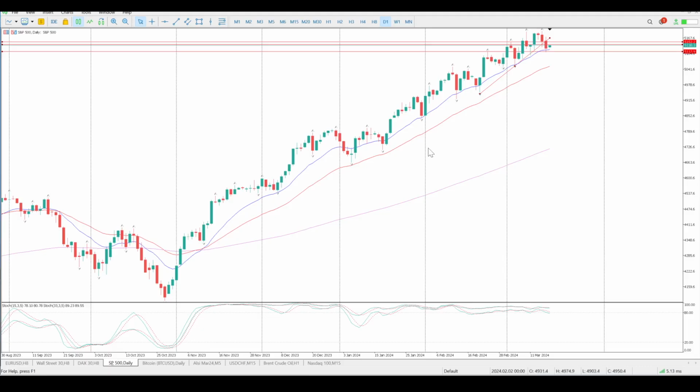Now the dailies, you'll see pretty much an inside bar, hanging man type setup. Then we had two days of confirmation. At the moment we're just running to the upside a little bit, but everything here is still onwards and upwards. There's nothing really indicating a fall to the floor.